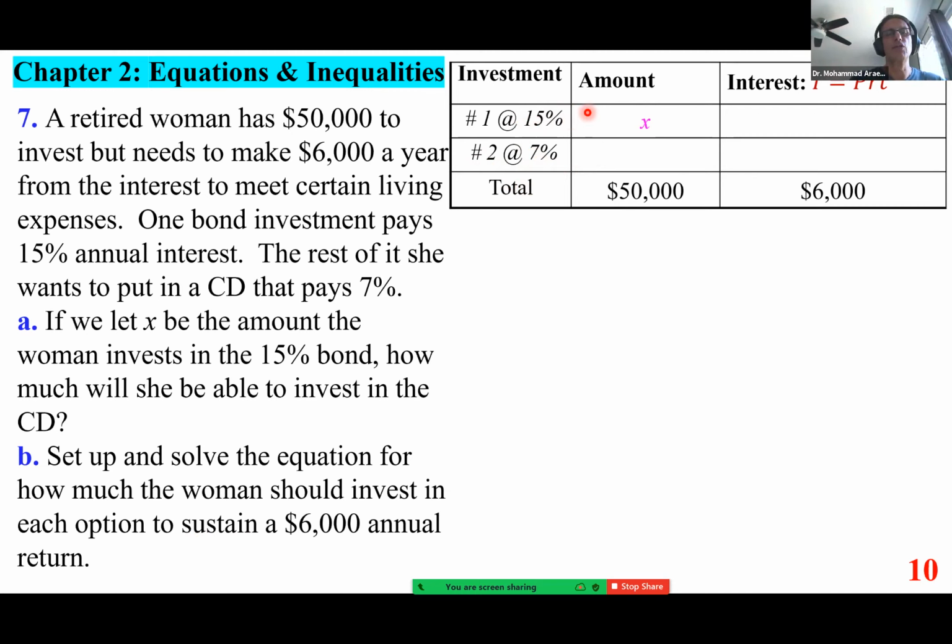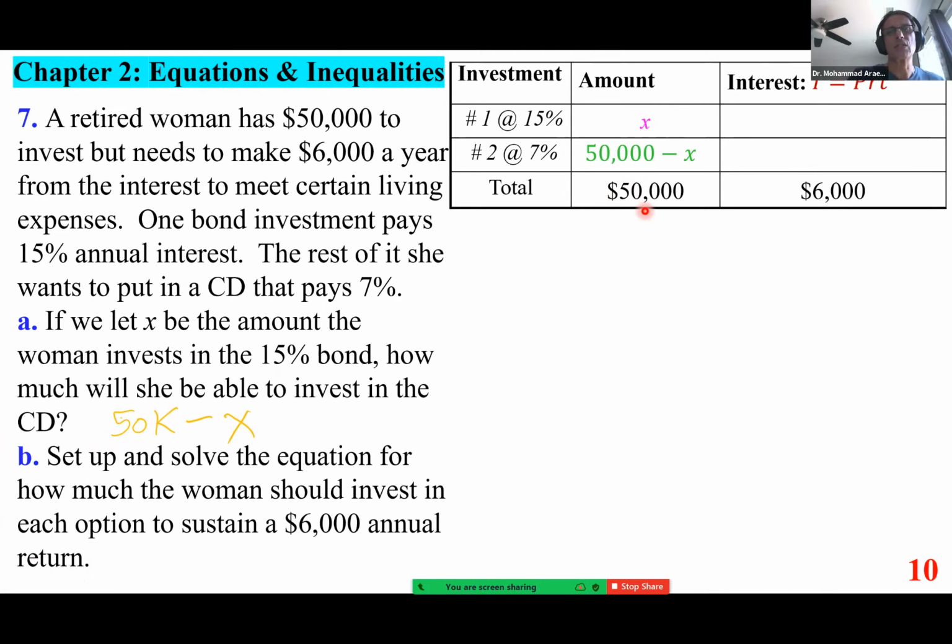Therefore, how much will be in the CD, which is paying 7%, will be 50,000 minus X. And that's not only the answer to part A, it is also the concept known as a mixture problem, because the total amount, the total volume, the total weights, depending upon what type of problem you're dealing with, is a constant. They should add up to 50.